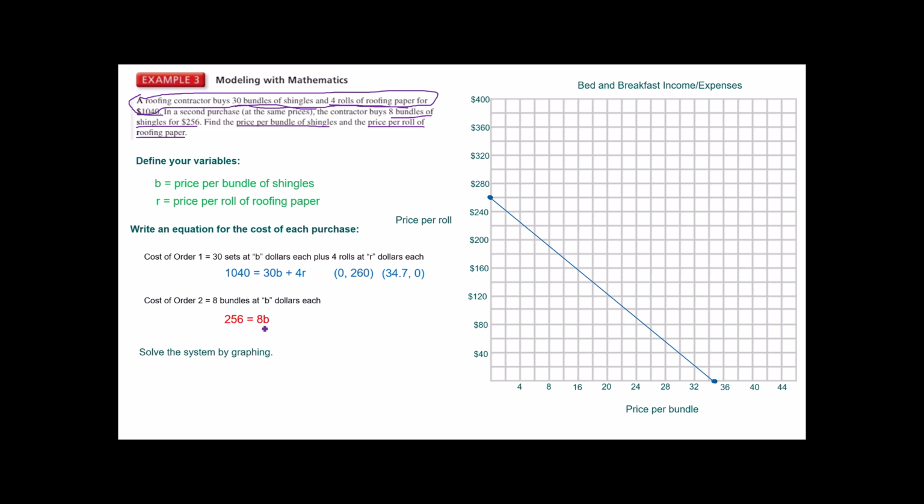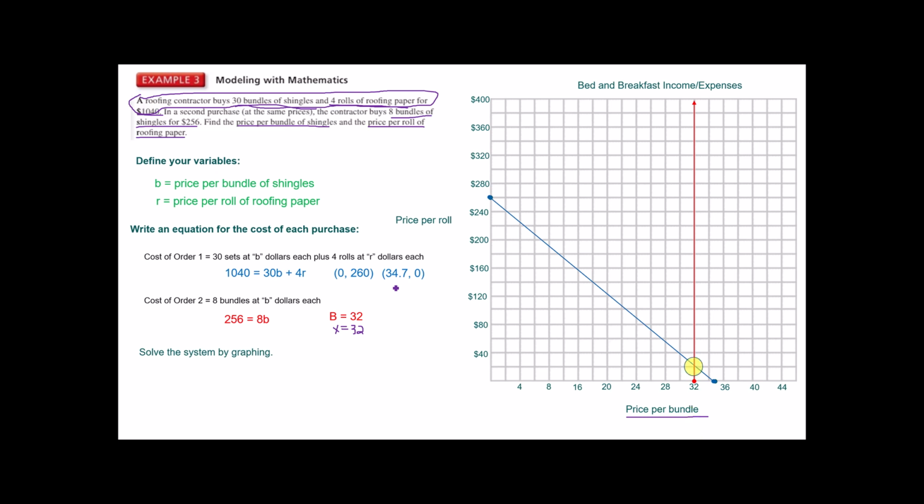When I graph this, since it's a single variable, I can actually solve this and I get B equals 32. B equals 32 means my bundles cost $32. Since my bundles are on the x-axis, this is essentially the same thing as x equals 32, which is a vertical line.